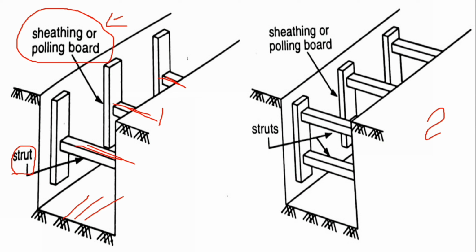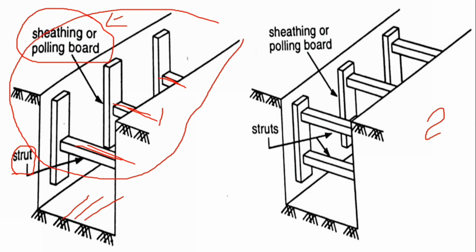Then the surrounding soil needs support so that it cannot fall into my excavation area. Because of that, I use the poling board or sheeting, and it is fixed with the help of struts. Clear?